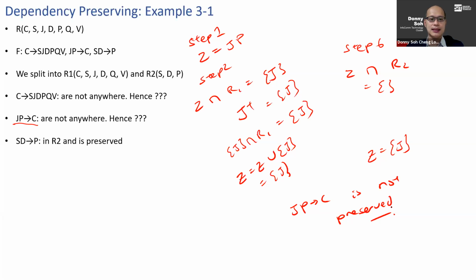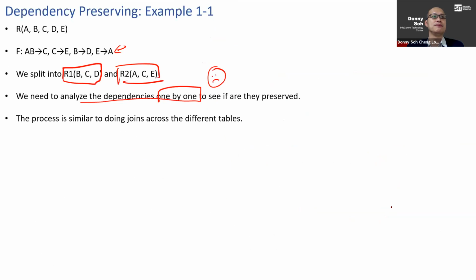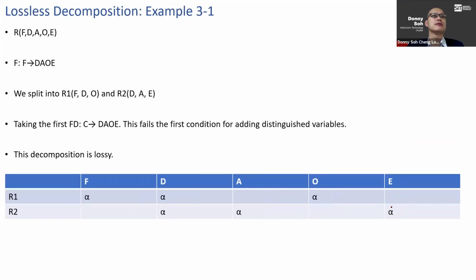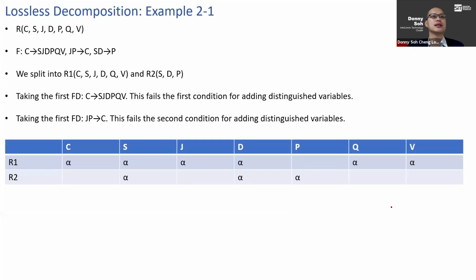So you notice that in here, recall actually this example is actually the same example as what we did earlier, whereby we can do a lossless decomposition. Let me see. Remember, yeah, this example.